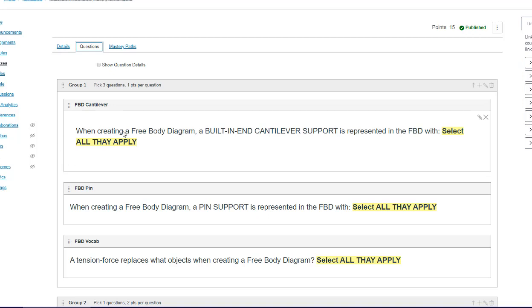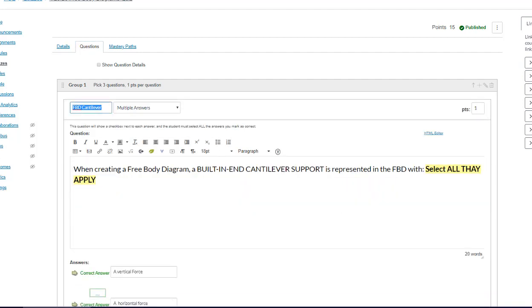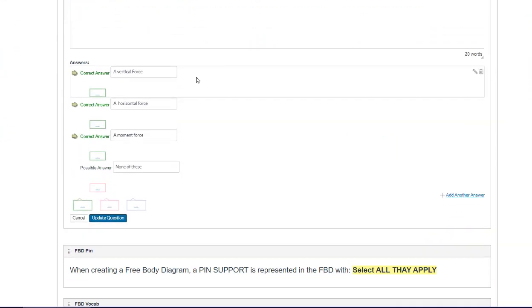Your options were a vertical force, a horizontal force, a moment force, or none of these. The correct answer would have been a vertical force and a horizontal force and a moment force. I would direct you back to my lecture from Monday and Wednesday's videos where I covered it. It's also in the PowerPoint that you have.